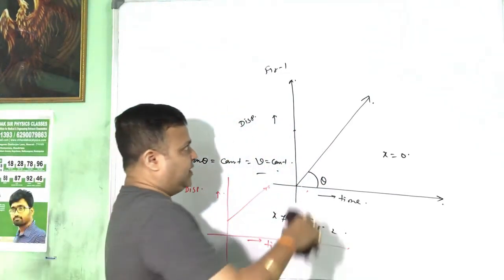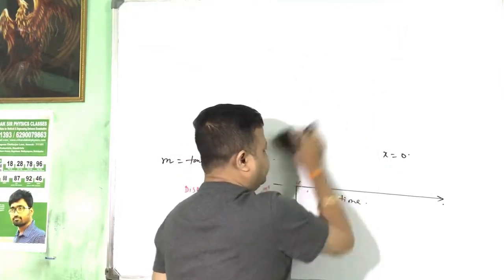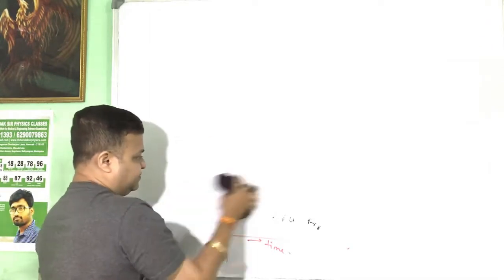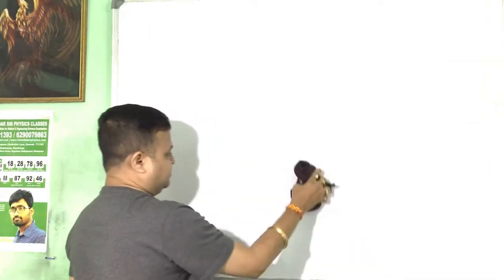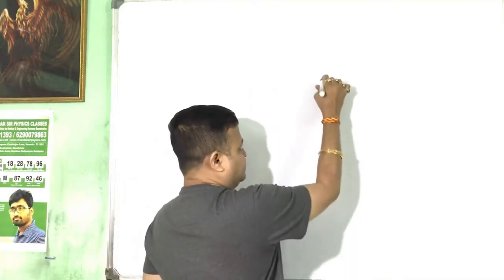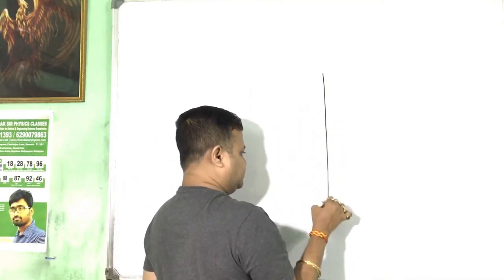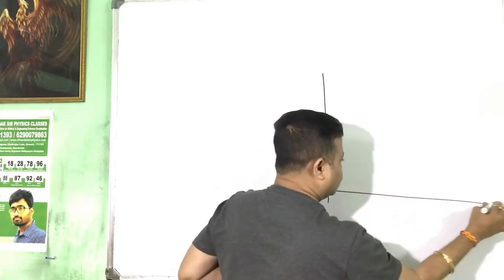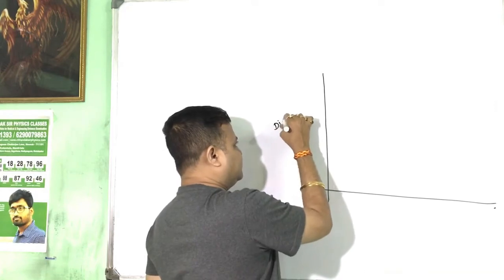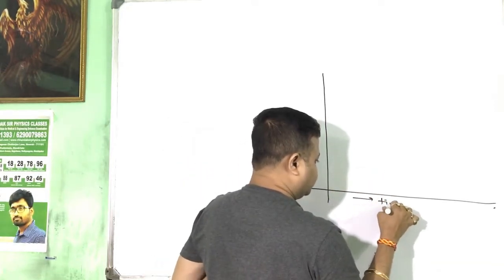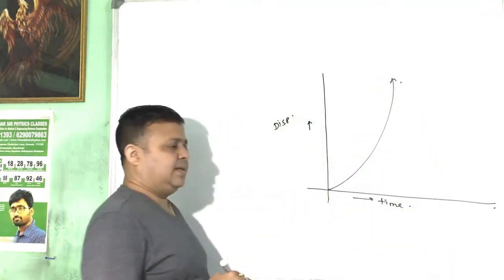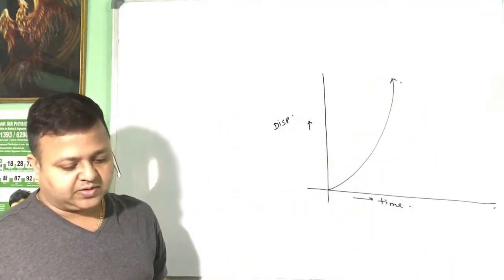Displacement time curve when the body is moving with a non-uniform velocity. কেন নন ইউনিফর্ম ভেলোসিটি ব্যবহার করে দেবো?